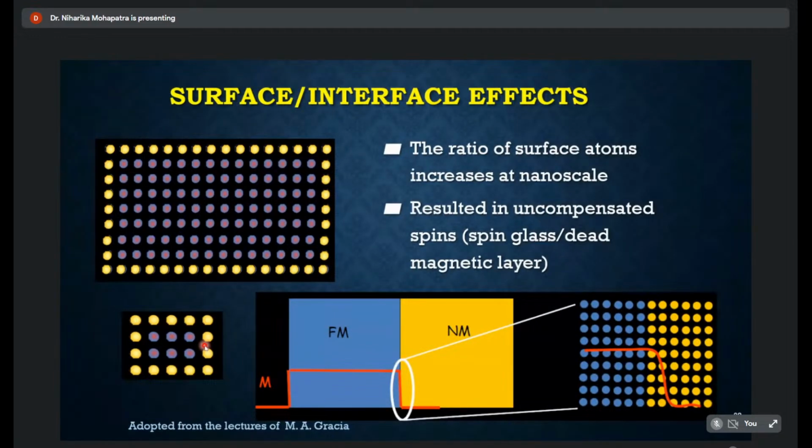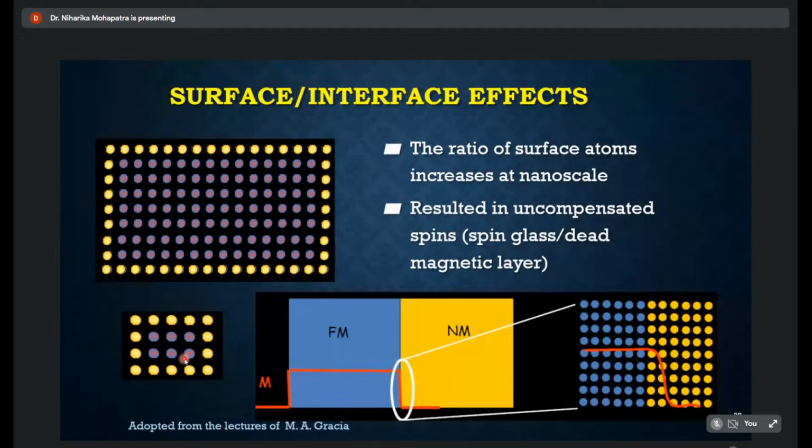So now I will show the surface effect. This is a comparison of the bulk material, meaning big size, with a smaller size. You can see that if your size is large, your volume atoms are more as compared to the surface atoms.